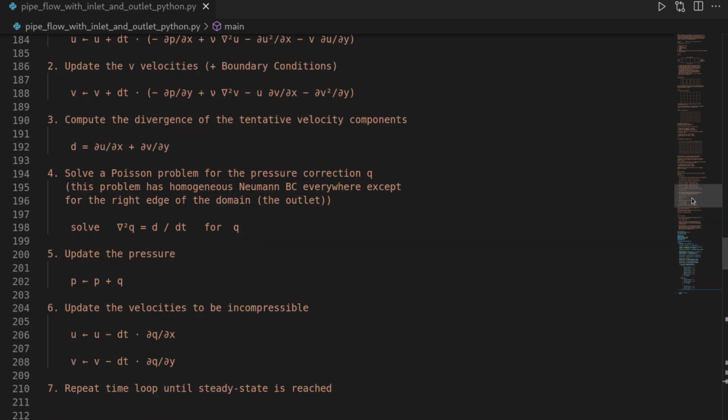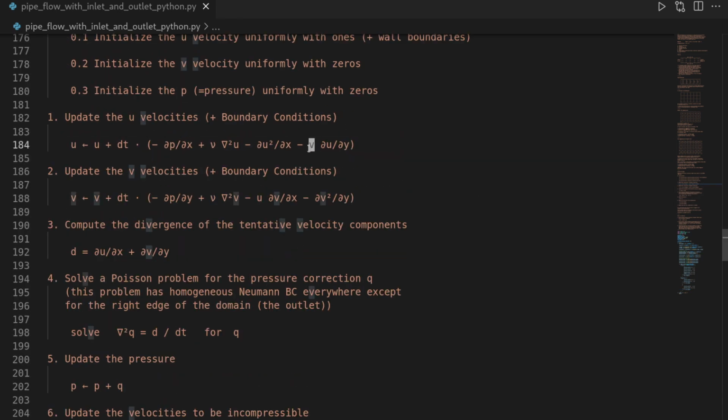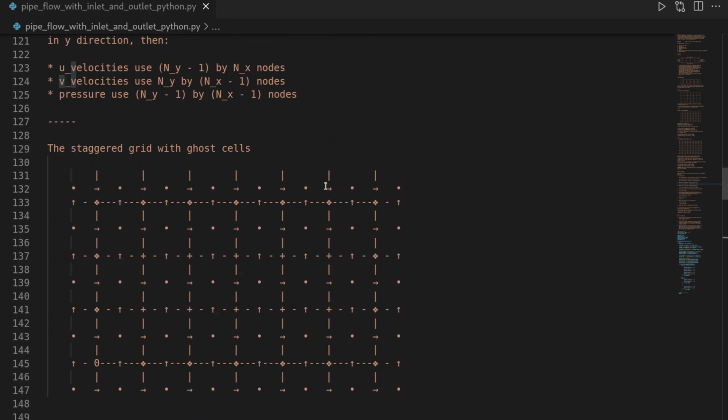But then we also have to account for the v here. So in the best case, we would have, similar to our co-located grid, the v velocity at the same point as what we are considering the u velocity currently. And imagine again, we have this u velocity that we want to update.